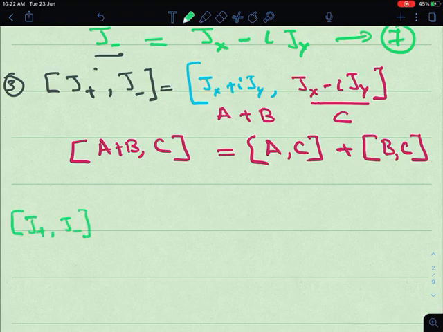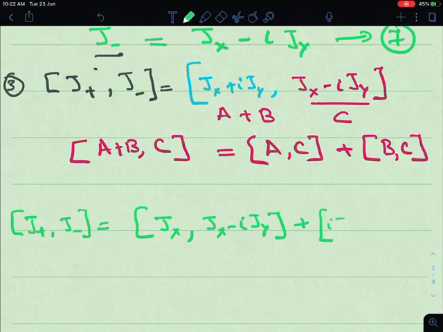That is [J plus, J minus] equal to [Jx, Jx minus iJy] plus [iJy, Jx minus iJy]. Now again we have to expand this commutation relation.